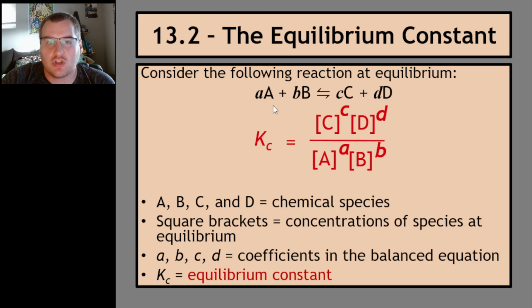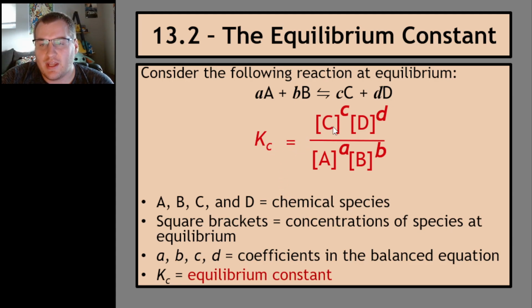So if I have 2 A's or 3 A's, is in equilibrium with little c, big C, plus little d, big D. Okay, this is a general form reaction. So this is if I have any coefficient times whatever the reactant is, plus some coefficient times the reactant, I can write what we call the equilibrium constant. The first one we're going to talk about is K with a little c.